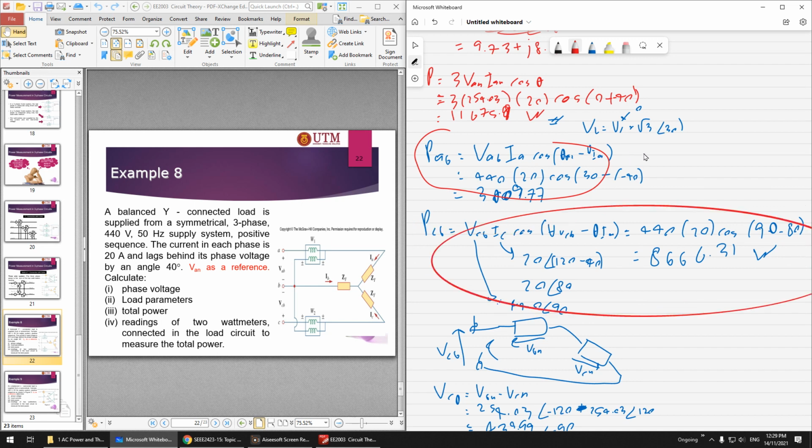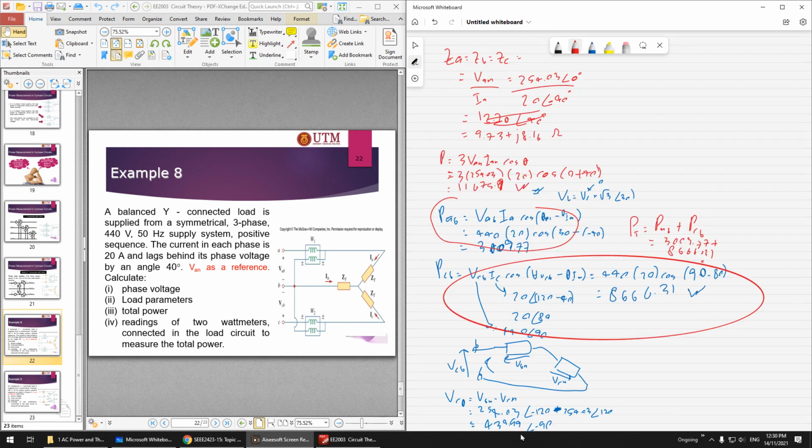So now the P total is equals to, because of the 2 wattmeter method, P_AB plus P_CB is equals to 3009.77 plus 8666.31. So if I use my calculator, let me pause it. So you get 11676.08 watt.